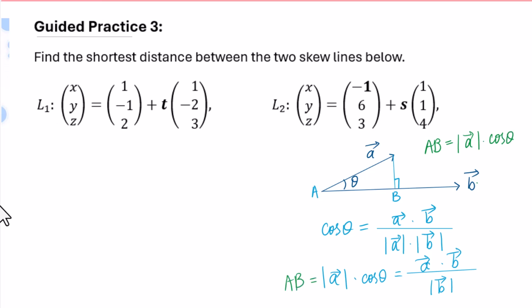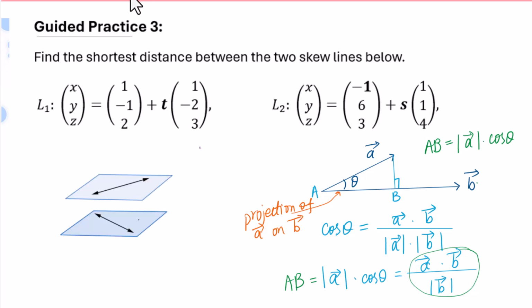In other words, the length of AB equals this. This AB is called the projection of vector A on vector B.